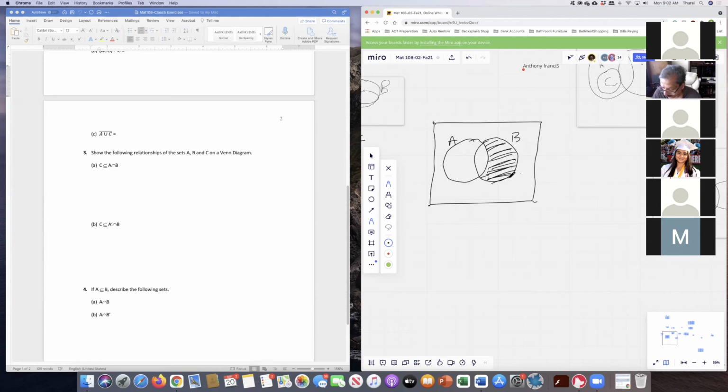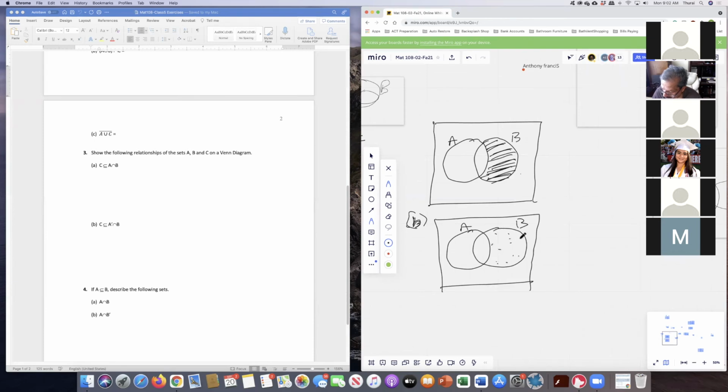Okay, so now I'm answering part B of the problem. Part B says C is a subset of A prime intersection B. A prime intersection B is this part. And C is a subset of this means C has to be a circle in here. C is here. So that's how you show the Venn diagram representing that fact.